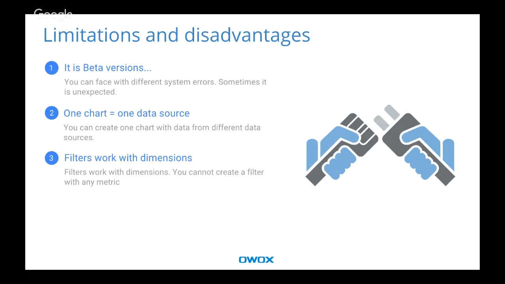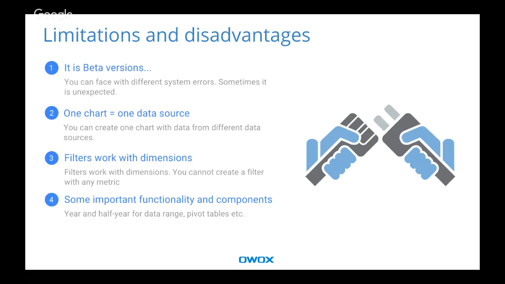Then the filters widget works only with dimensions. It doesn't work with metrics, so be aware of it while creating your dashboards. Some important functionality and components are, from our point of view, missing. For example, you cannot select a year or half a year in the date range.